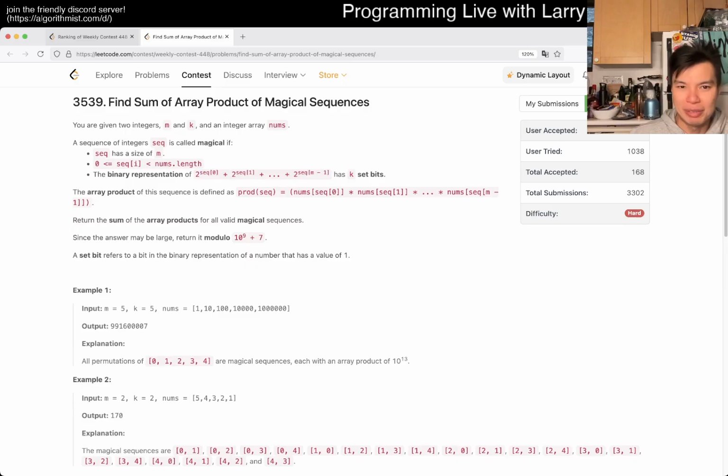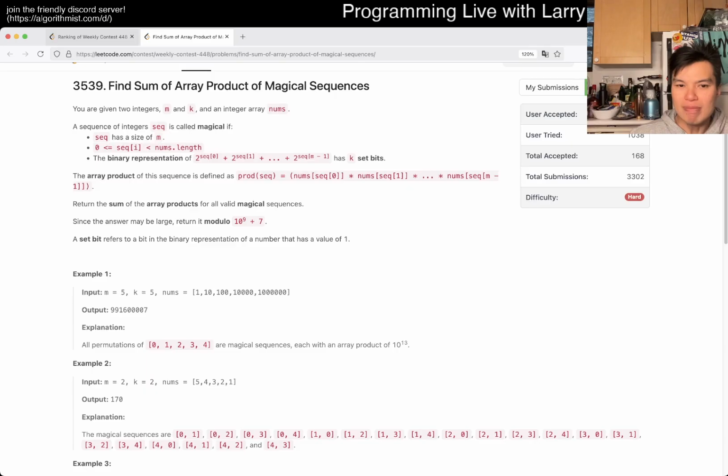Maybe we'll ignore that for now. And then the array product of this sequence is defined as this thing. So you have some sequence in some order, and then you just multiply the product of these things, and then you sum it, right?